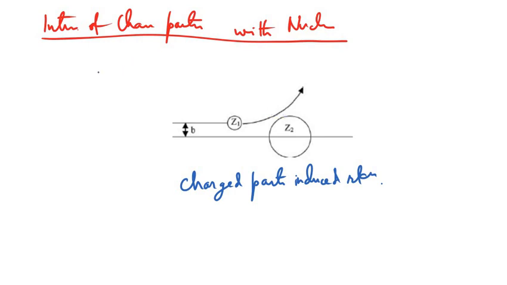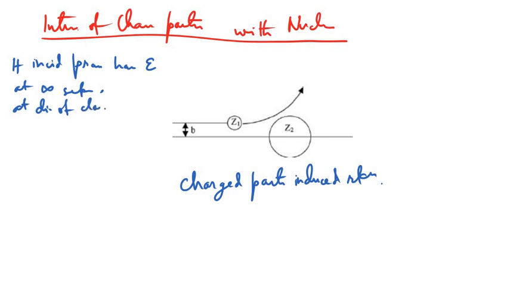If the incident projectile has an energy epsilon at infinite separation from the target nucleus, then at the distance of closest approach, let us call this R, its kinetic energy will be equal to epsilon minus B. What is B?